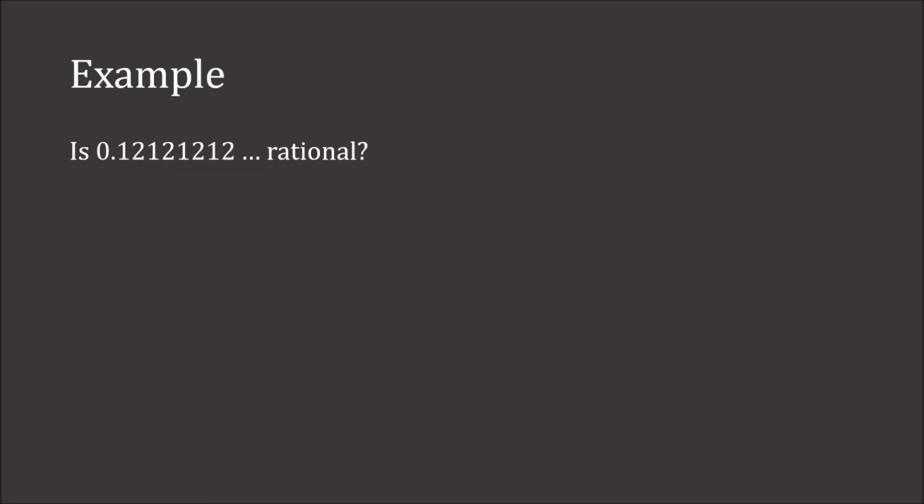Well, now what about 0.121212 repeating? Is this rational? Let x be that repeating decimal. Well, if we then multiply x by 100, we would get 12.121212, and so on and so forth.